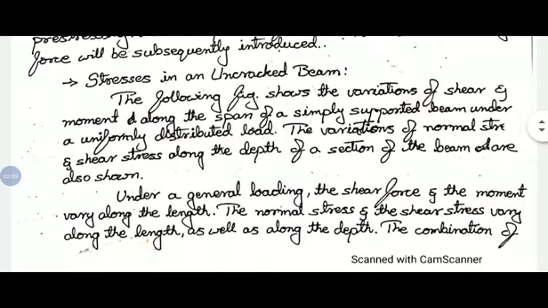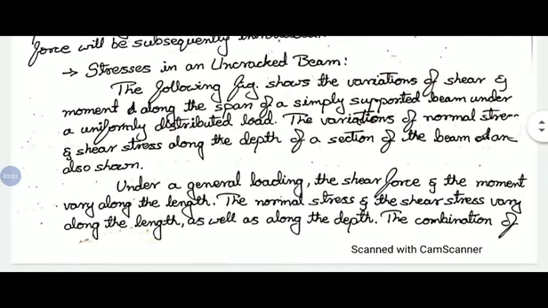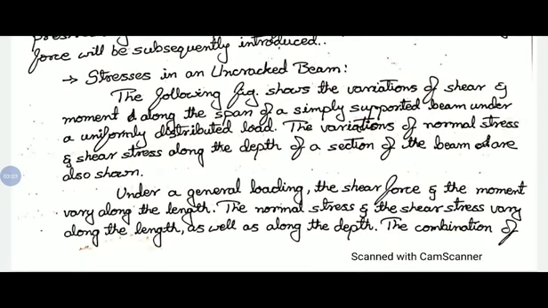So for that, first we should know the stresses in an uncracked beam. That is, the beam is in its original position or a good condition, so that will be treated as an uncracked beam. So how will the stresses develop in that?